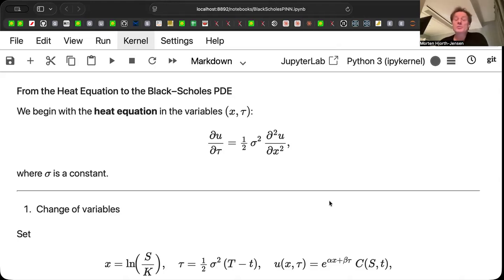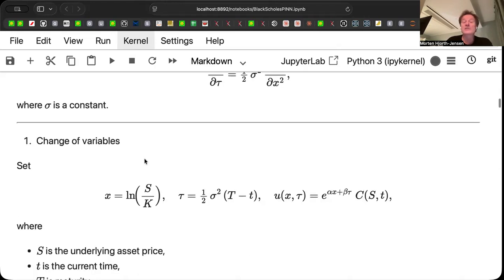So the differential equation which we are going to solve is a lookalike of the diffusion equation. And the basic equation, if you now start with the heat equation, and you have a constant sigma squared, where you previously had the diffusion equation, there's a short change of variables here, which we need to introduce.